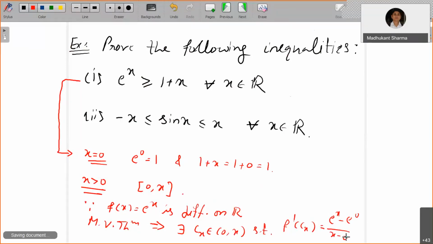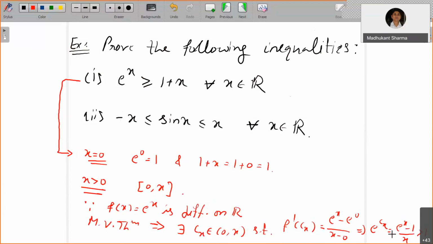You know that e to the power x, for x greater than 0, is greater than 1. Whenever x is less than 0, e to the power x is less than 1. So f dash of c_x is nothing but e to the power c_x, which is equal to e to the power x minus 1 divided by x, and which is certainly greater than 1.